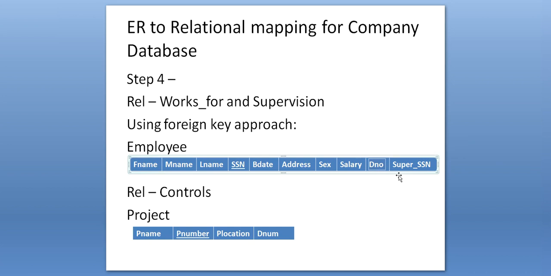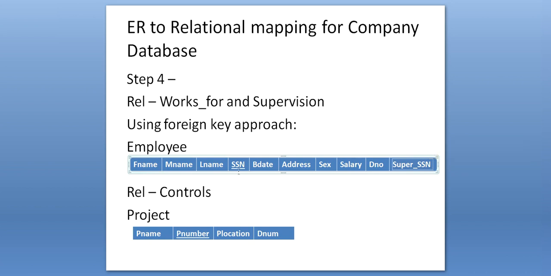For supervision, we need to do the same thing. We will insert a foreign key, and this foreign key refers to the employee relation, because it is a recursive relationship type, so it refers to the same relation.